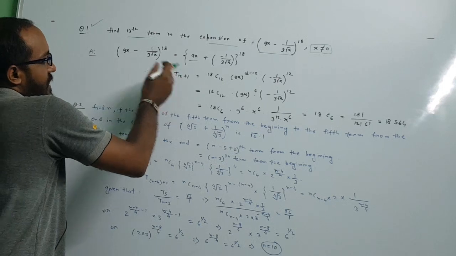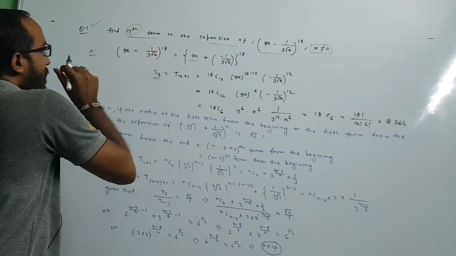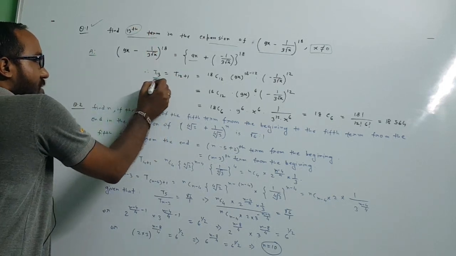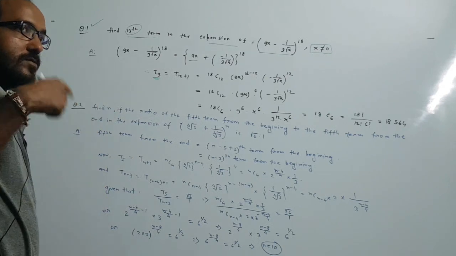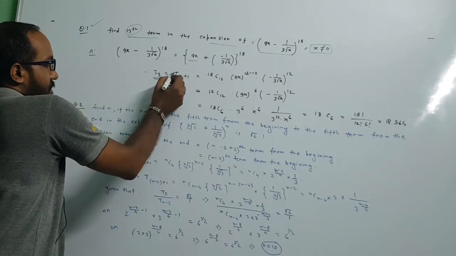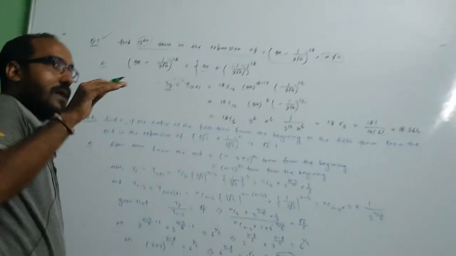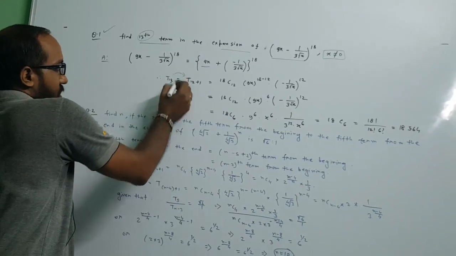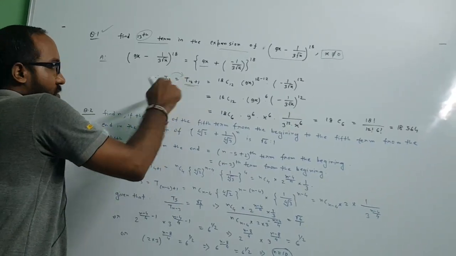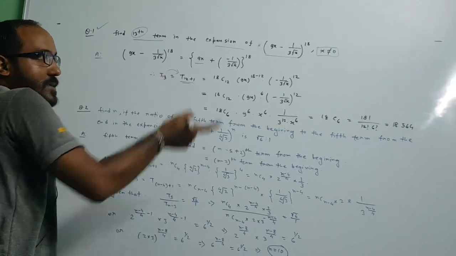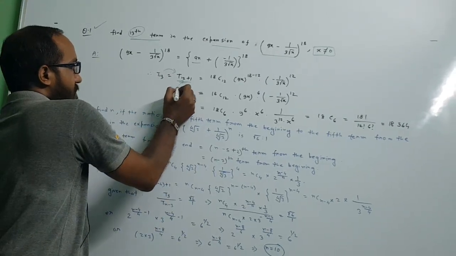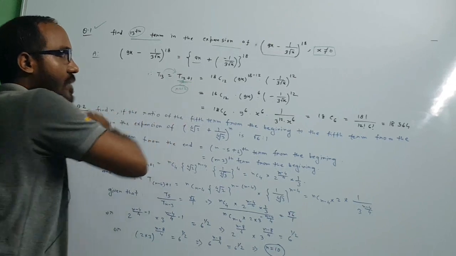Because here we have to find the 13th term, that is T13, which is not the general term. You have to make it the T r plus 1th term, so 13 you can write as 12 plus 1. So here r is 12.